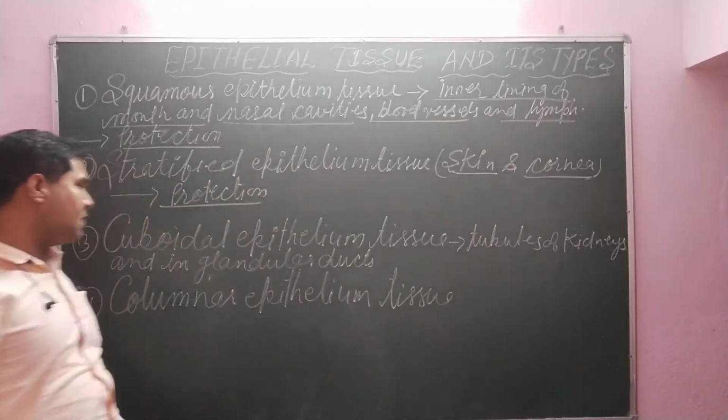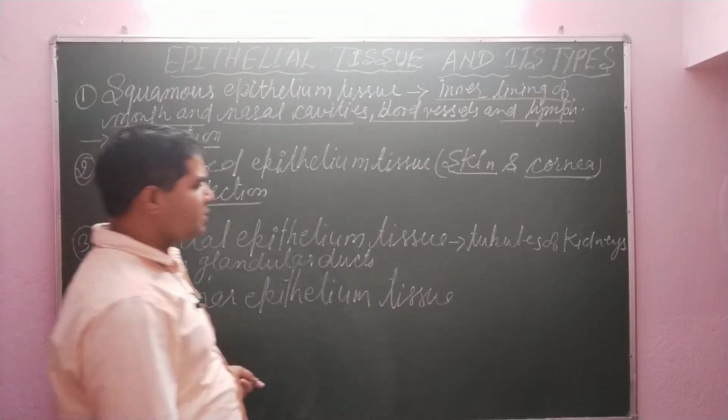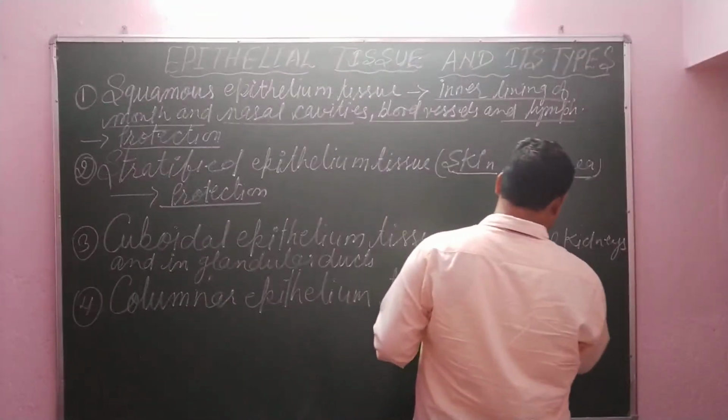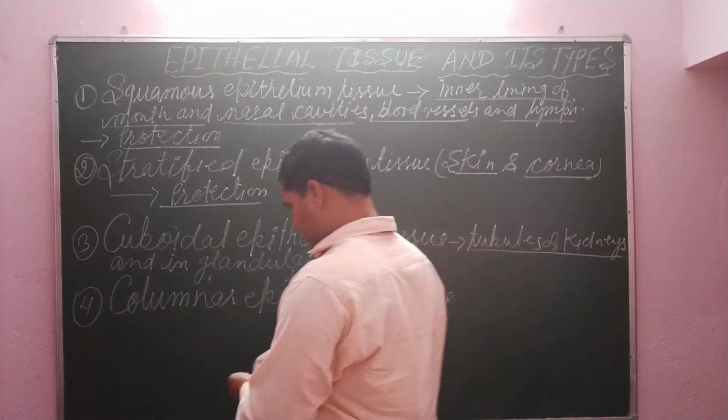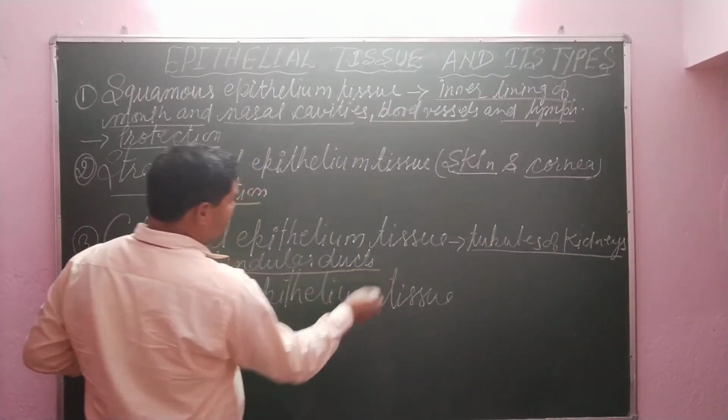So this is the location of the cuboidal epithelium tissue: tubules of the kidney, and also it is present in the glandular duct.